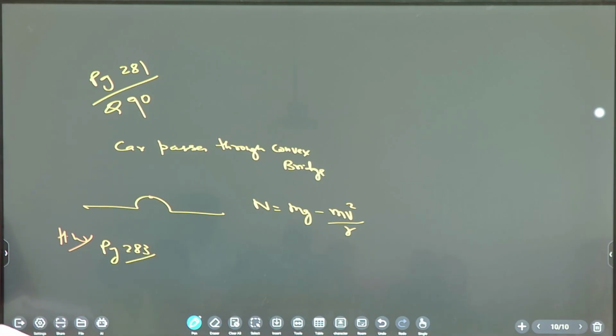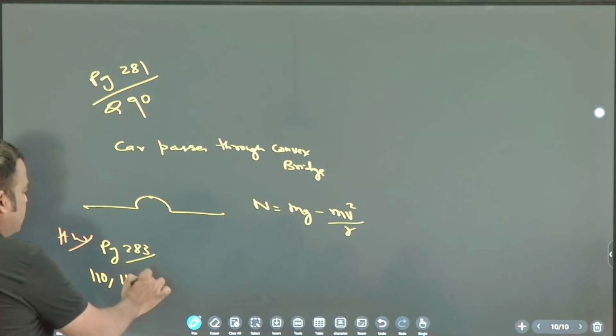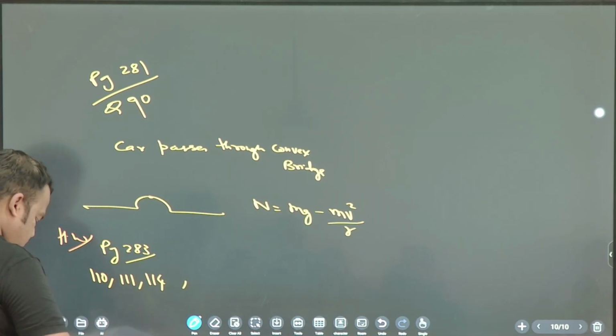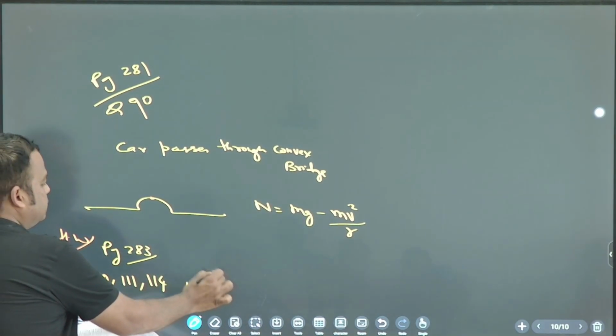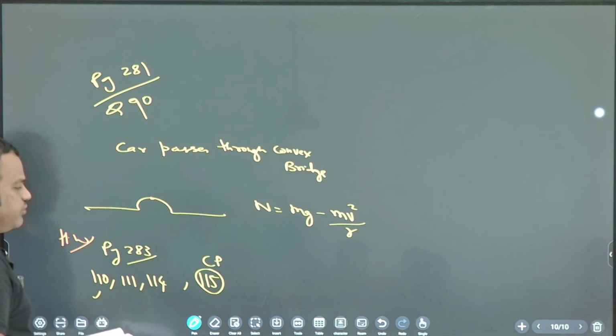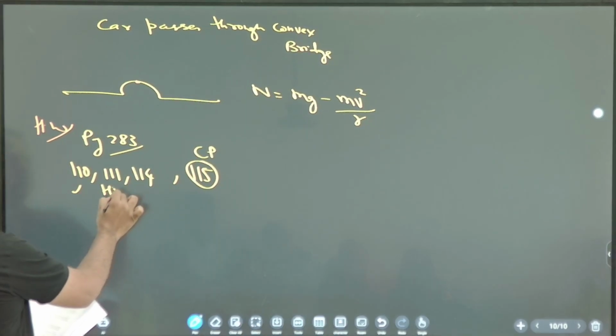You can solve these: 110, 111, 114. Conical pendulum, one more question is there. Okay, let's solve this, 115. Conical pendulum, solve this 115. Now, these are homework.